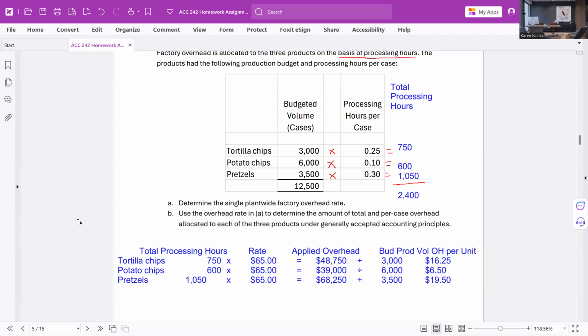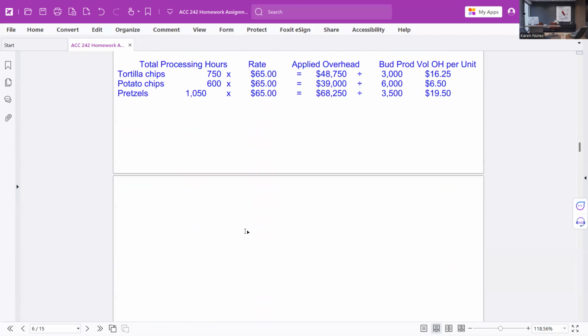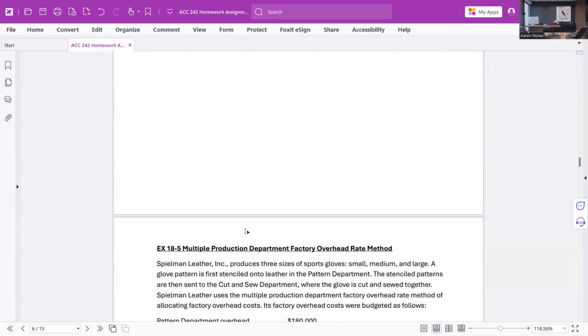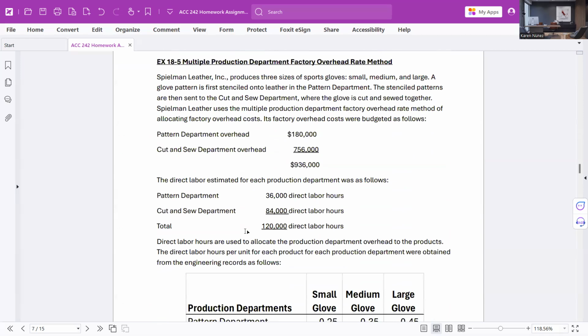Okay, let's move on now to multiple departments. So we've looked at a single plant-wide overhead rate. We've looked at ABC rates. Now in exercise 8.5, we're going to look at multiple departments. So departmental rates, right? So we've got, in this case, two departments, right?